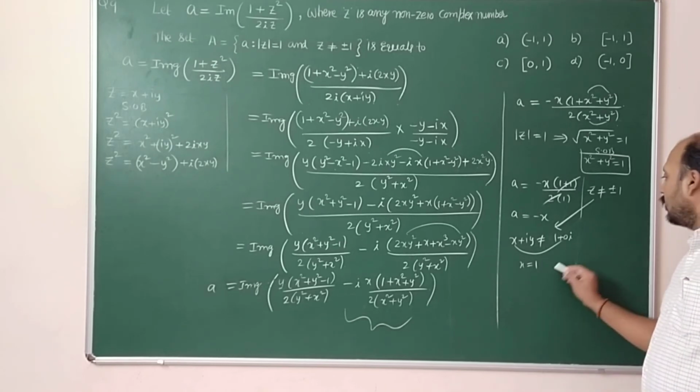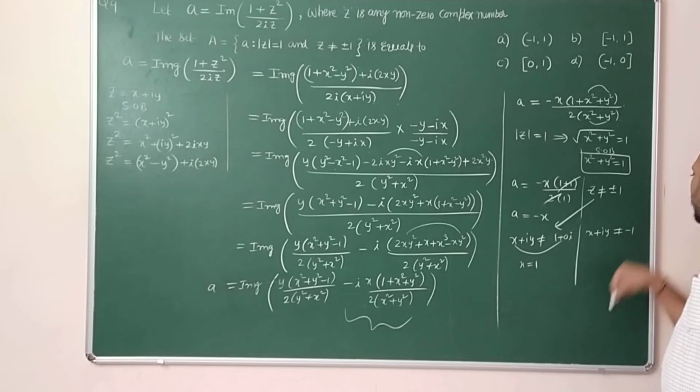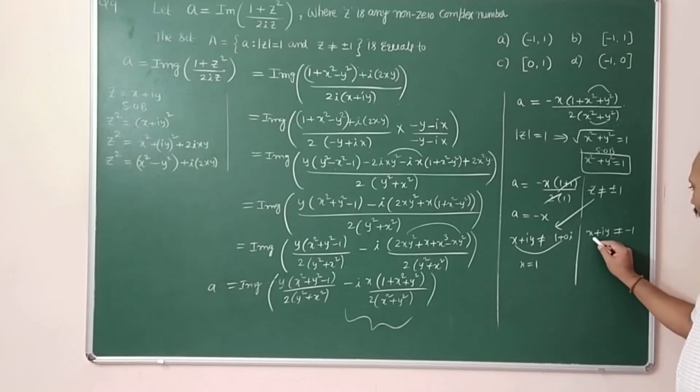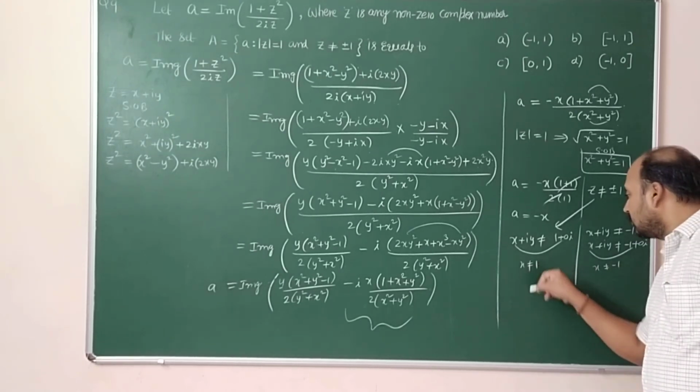And if we consider x plus iy not equal to minus 1, minus 1 can be written as minus 1 plus 0 into i, so x is equal to minus 1. It's not equal to minus 1.